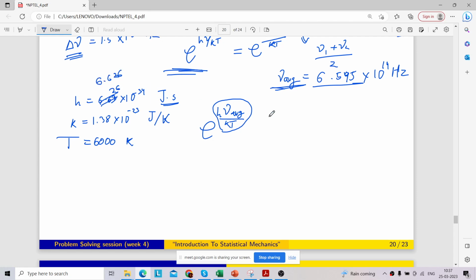Put this and tell me this parameter. You just calculate the ratio first, then you can raise it to e to the power. Can you quickly put this in your calculator and tell me the number? This ratio.